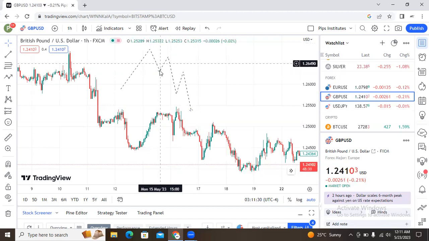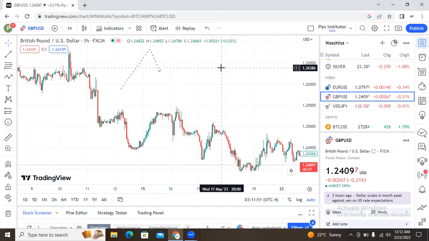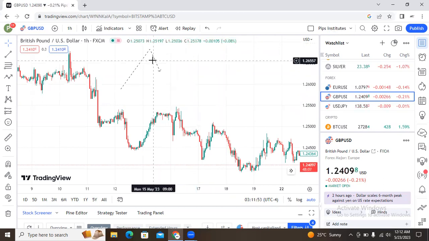Either you put it a little bit above the high of the mitigation block, or you put it above this other block over here, and then you see it moving down.